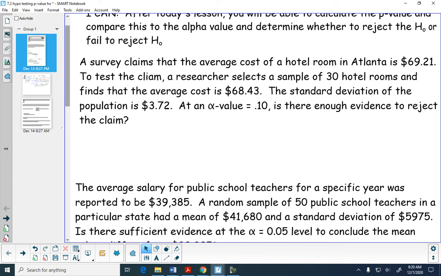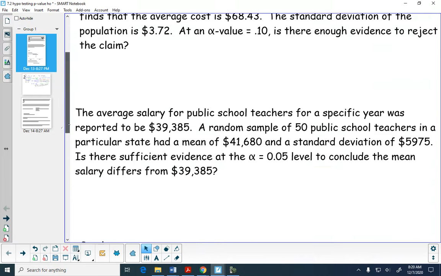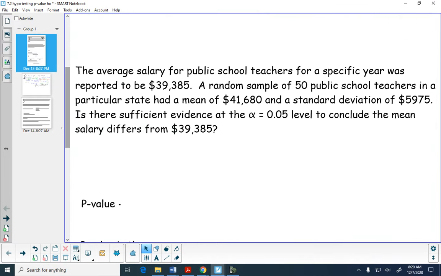If we take a look at the second one here, average salary for public school teachers. The average salary for public school teachers for a specific year was reported as $39,385. A random sample of 50 public school teachers in a particular state had a mean of 41,680, with a standard deviation of 5,975. Is there sufficient evidence at an alpha value of 0.05 level to conclude the mean salary differs from the 39,385?